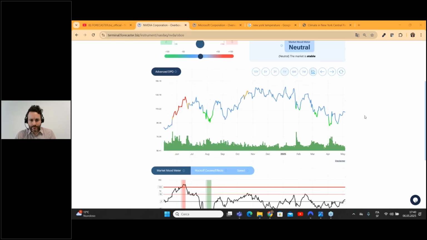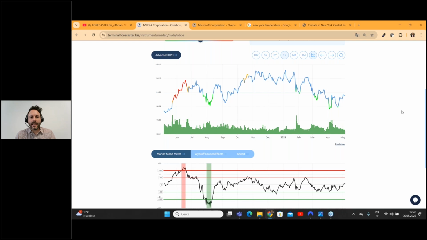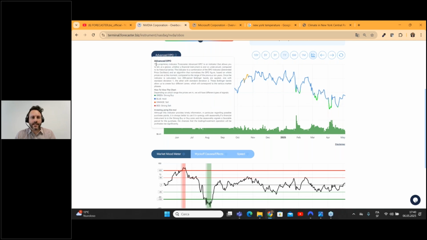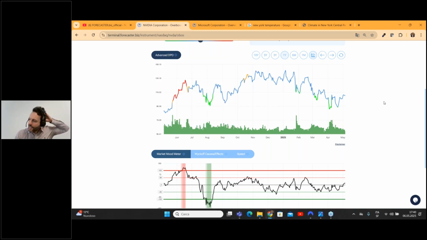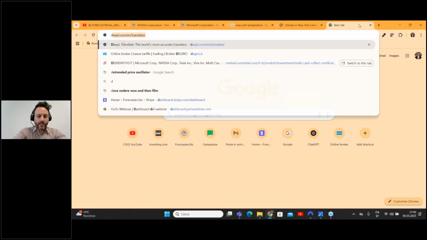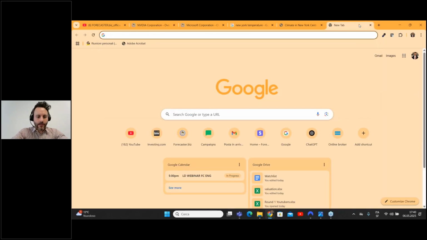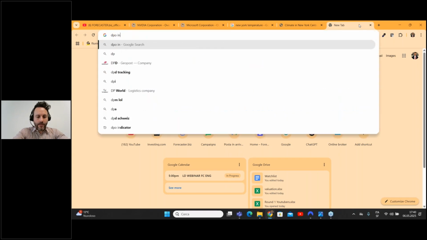Okay, and in this case we have different indicators on the chart. The first one is the advanced DPO. The advanced DPO is a very clever idea we had here at the Forecaster Terminal, because it's something really interesting. First of all, what is the DPO indicator?